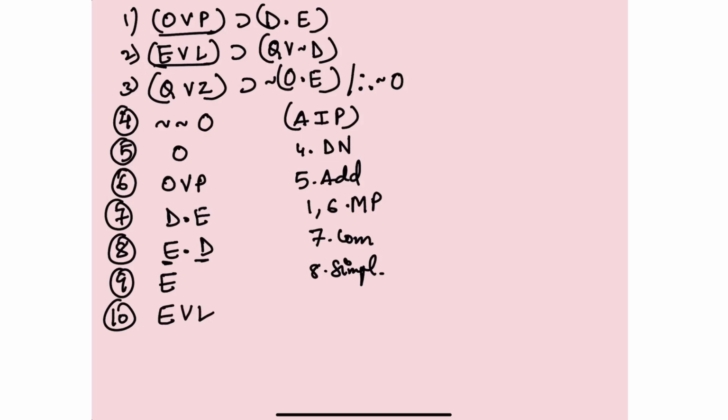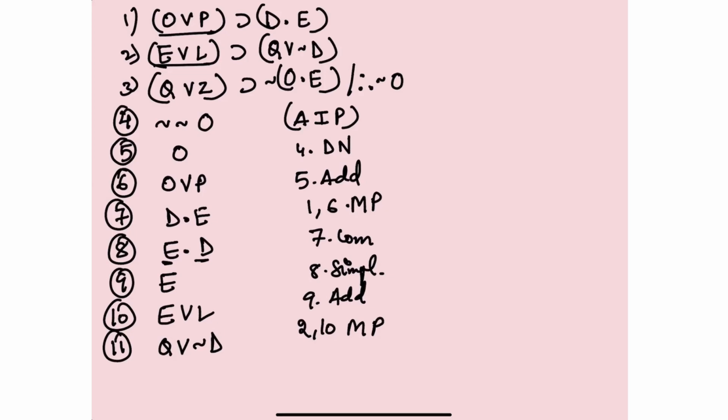E wedge L means that you have again done addition over here, and then again you can use the same formula of modus ponens which we have done in the other case as well. Like your second and 10, you used modus ponens.